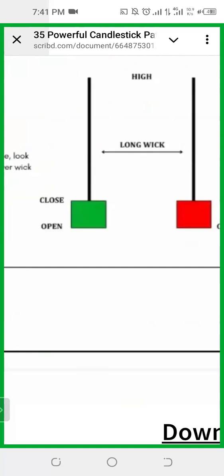It can be either red or green, but the green inverted hammer is much better to identify and gives you more confidence to enter this coin from the bottom, make more money and ride up.